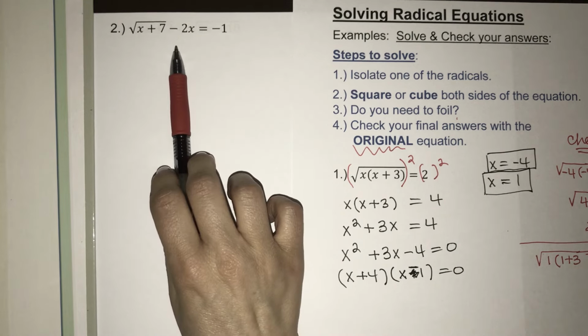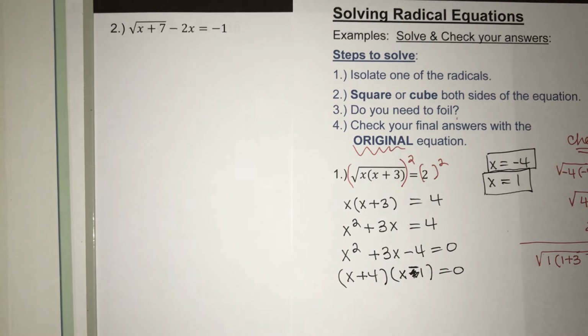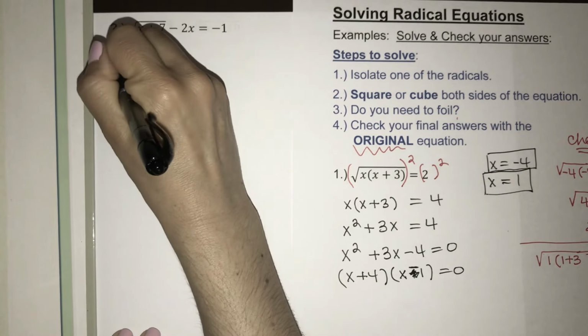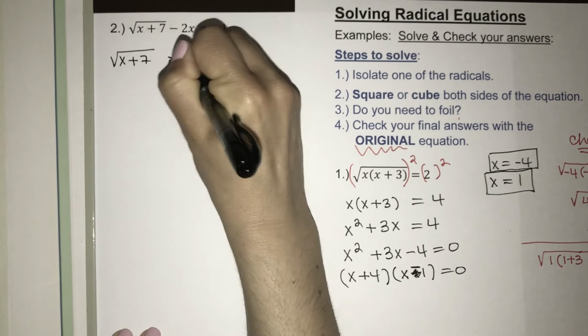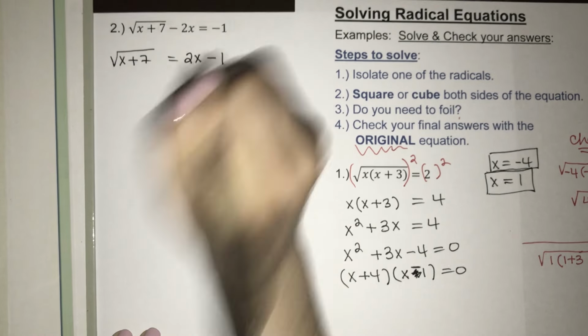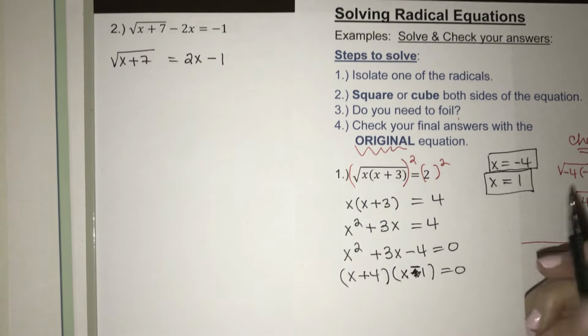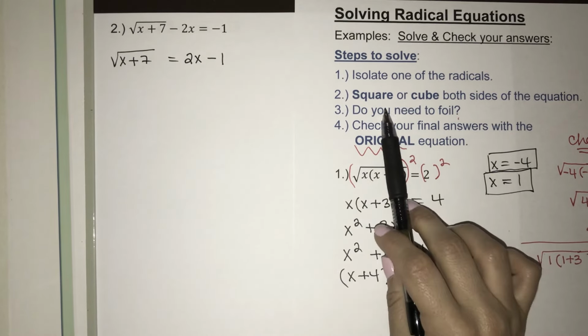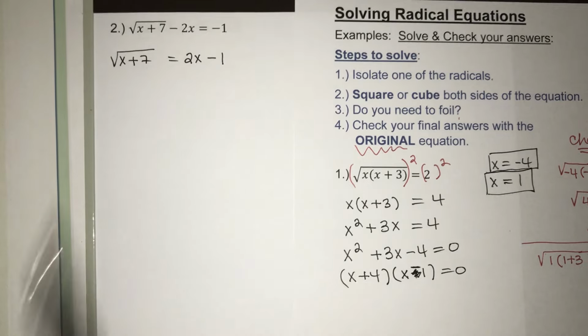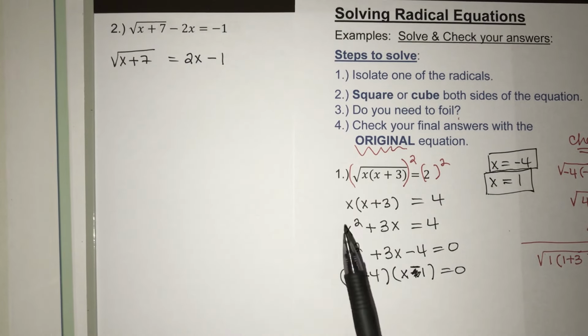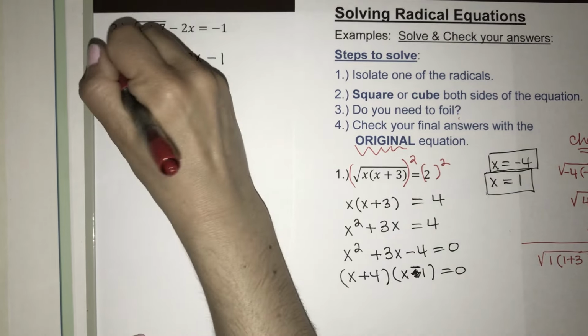I need to add 2x, move it to the other side. Step 2, square or cube both sides. We are going to square both sides because the index is 2 and we have a square root.